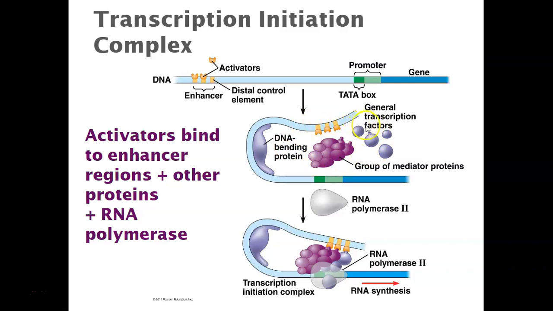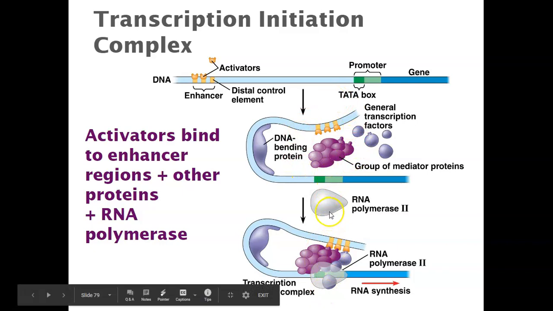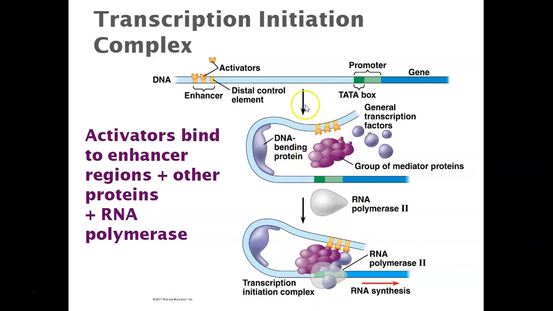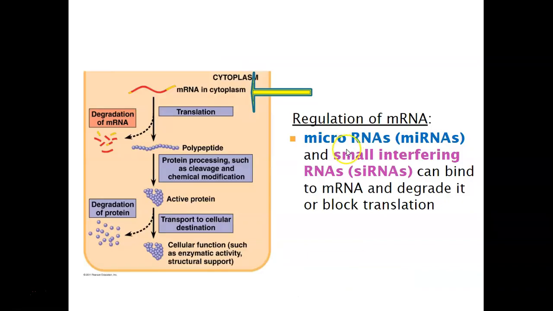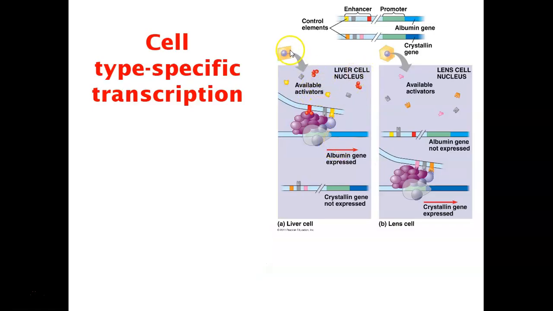So you need to have the right enhancers section, you need to have the right transcription molecules, you need to have the right activators, and all of it together will bring in the polymerase. If you don't have those elements, then you're not turning it on. So you can control the presence of a lot of those things to finally control turning the gene on. It's important to know too that different cell types have different activators.